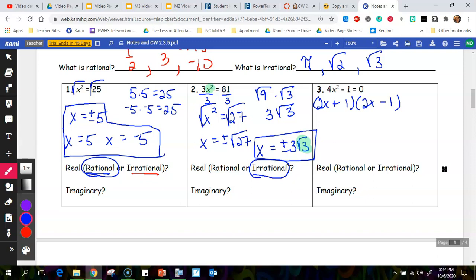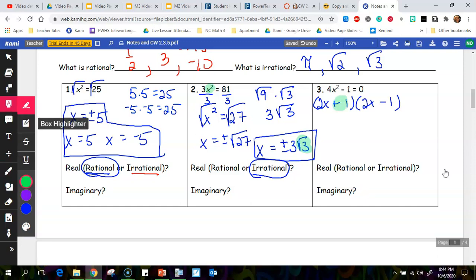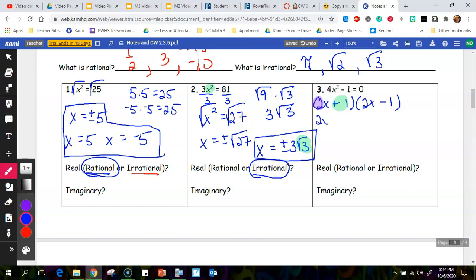I don't know if you remember the trick or not, but we're going to take the opposite of this and put that over this. We could do 2x plus 1 equals 0 and solve. But it's really easier just to say it's negative 1/2 and then positive 1/2.